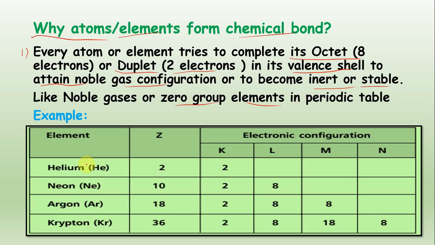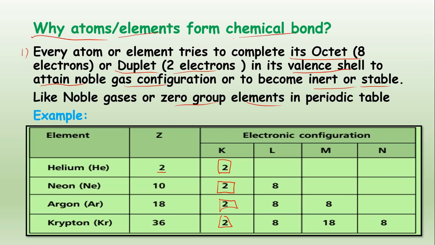Now look here, helium. The atomic number of helium is 2, and these 2 are in the first shell, that is K. Maximum electrons we can fill in the K shell is 2, not more than 2. So what is the main idea?